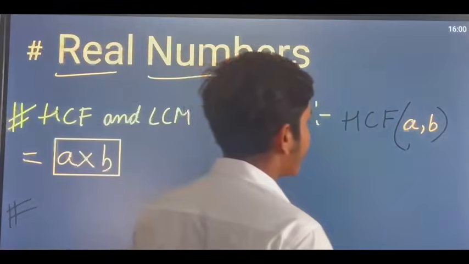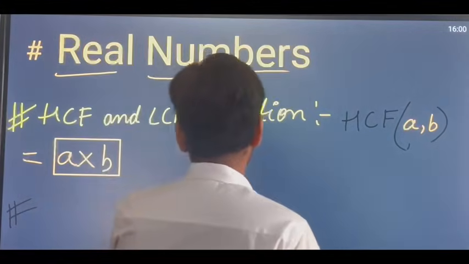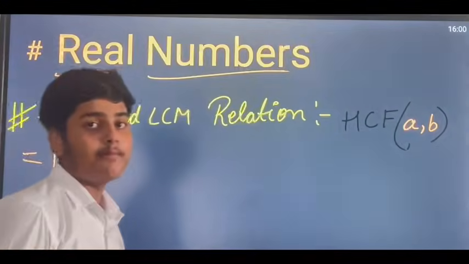In short, the product form is A multiply B.